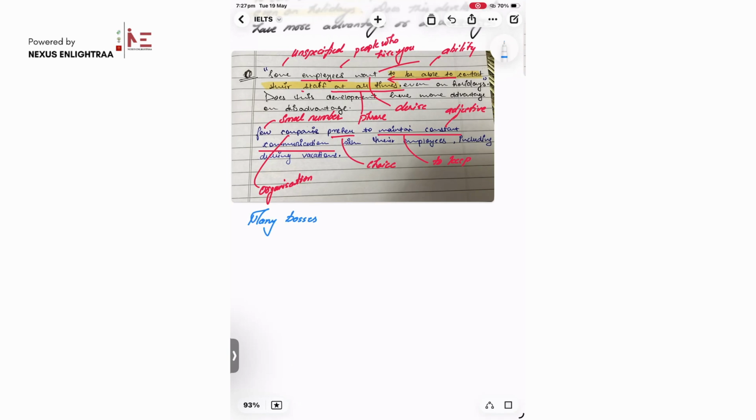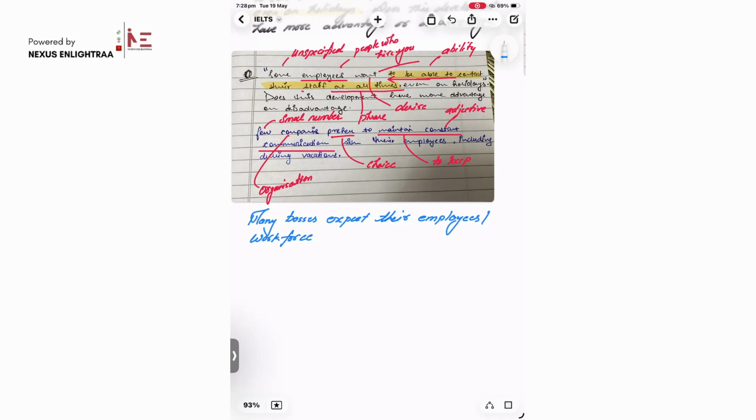bosses, right? Many bosses expect their employees, or I can say workforce, right? Or what else can I use for employees?